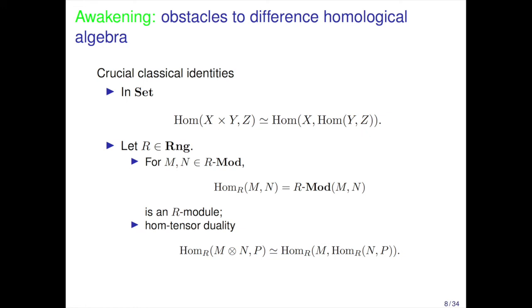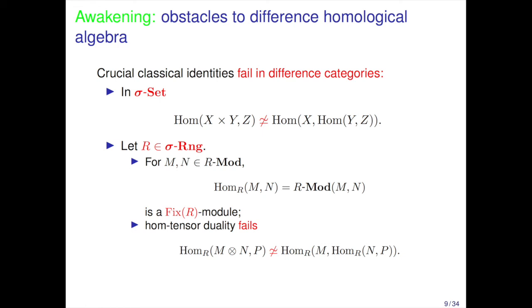All right, let's see what happens in difference algebra. So in difference sets, if you look at only those maps which commute with difference operators, this is just a set. It doesn't have an action of sigma. Even if you might think, let's impose some artificial action of sigma on it, it will still be too small to satisfy the identity. For rings, it's also very bad.